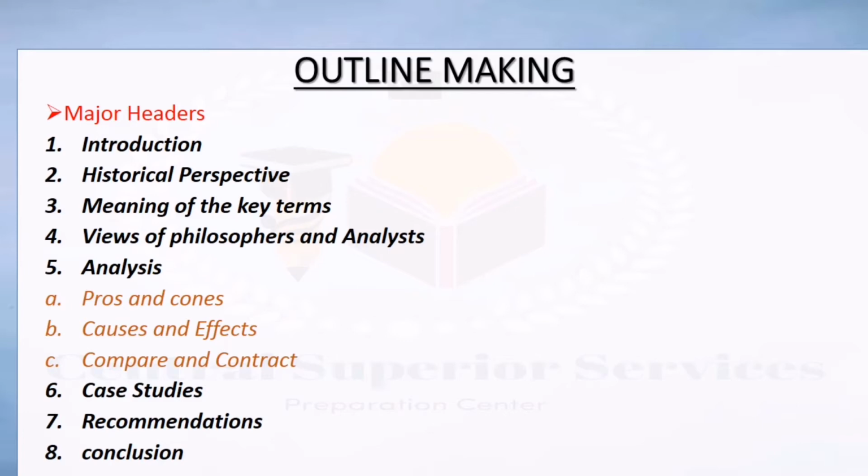Then make an analysis that describes pros and cons, causes and effects, compare and contrast. You have to make a heading of case studies in major headers, then recommendations and conclusions.